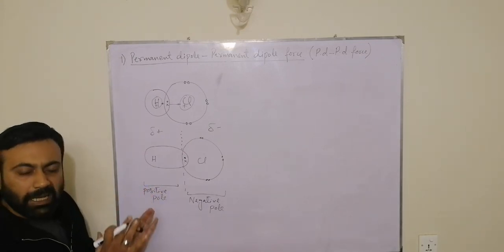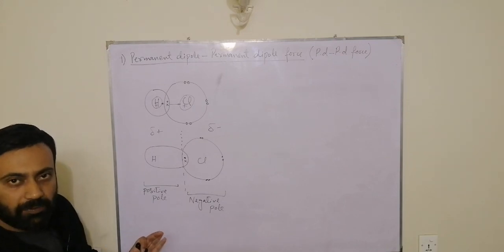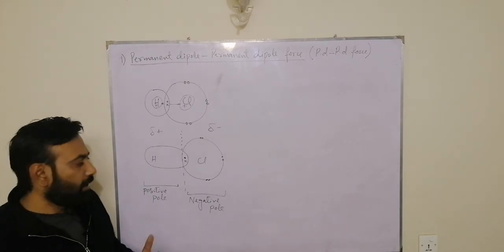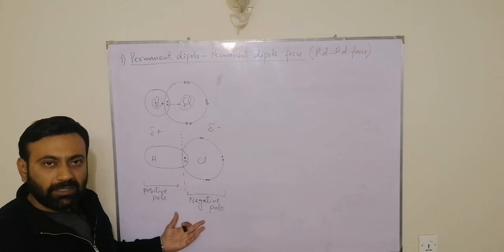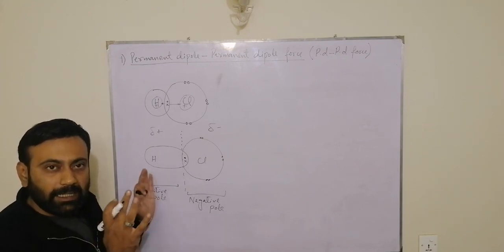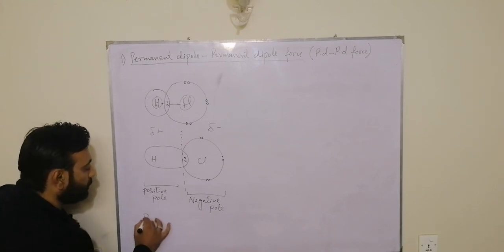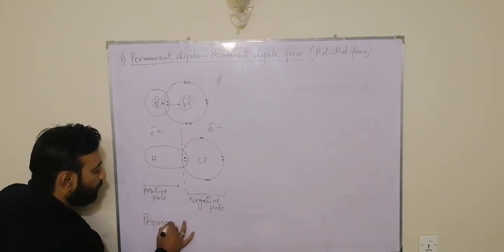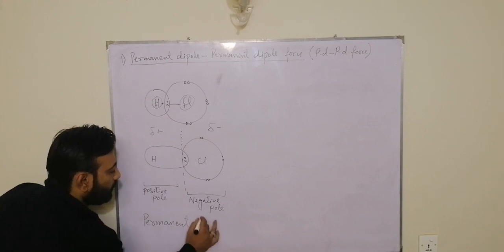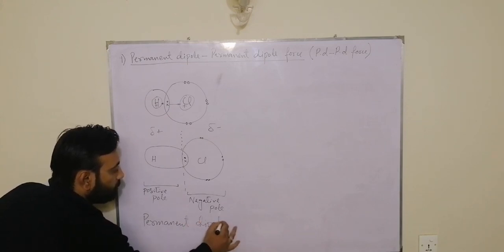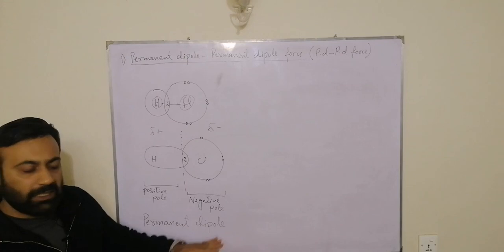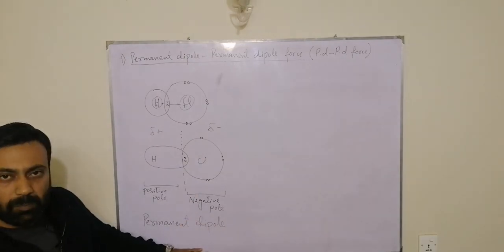Its position would be like this, closer to chlorine, farther away from hydrogen. So this molecule, which has two poles permanently, is called a permanent dipole.